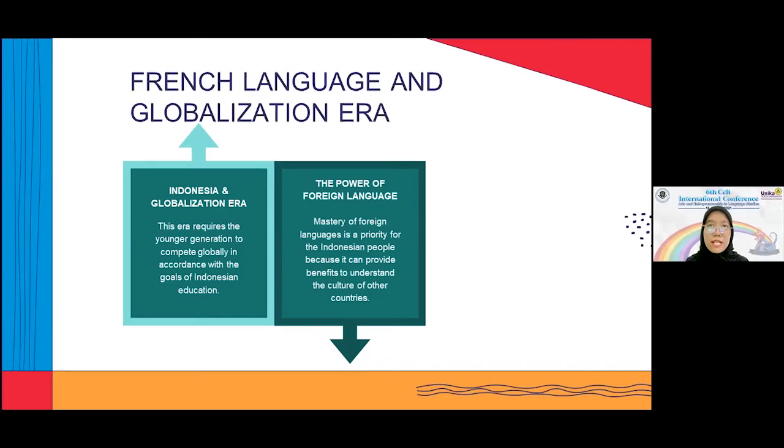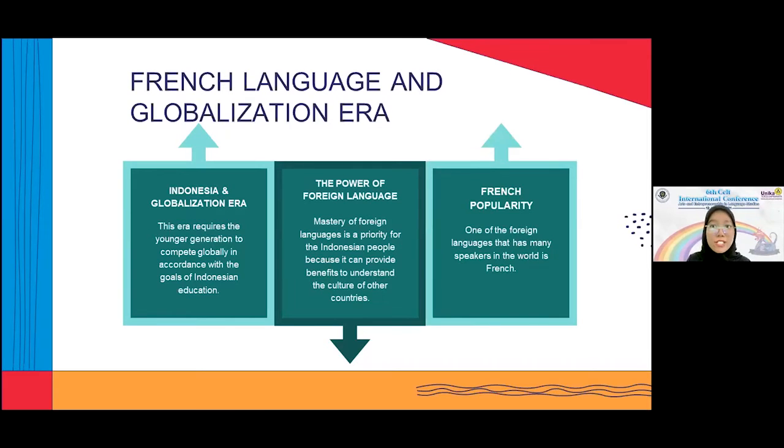Not just that, but we can also communicate more effectively with people from other countries. And we all know English is in first place, and Chinese, and the third language that I want to share about today is the French language.